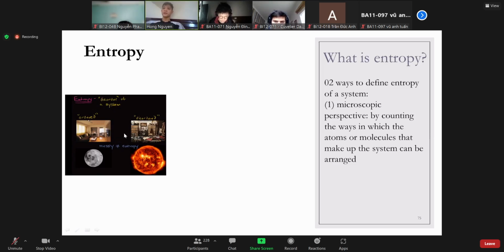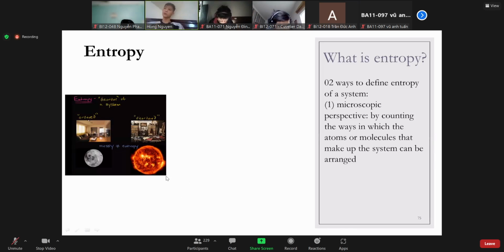But this one is very different than the word disorder that the entropy gives us. Very different, okay? Because something that is messy doesn't mean that it has more entropy. Even if we look at the moon or the sun, people might say that, okay, the moon is less messy than the sun, so it has less entropy than the sun.